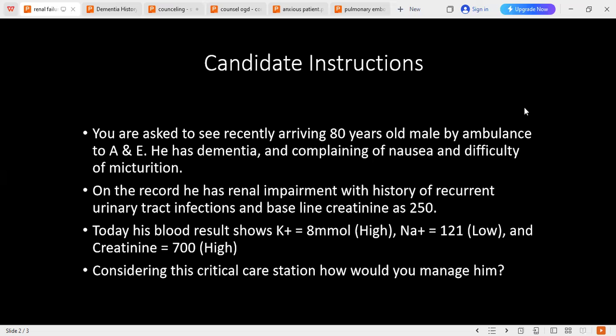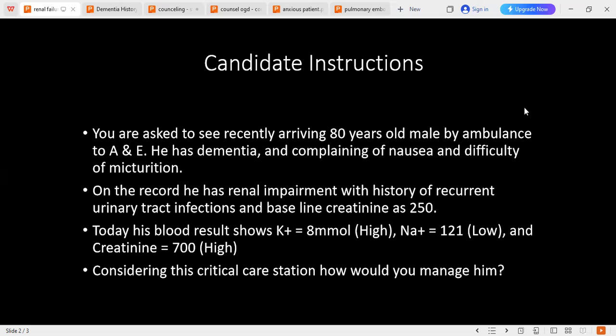For dialysis: potassium level more than 6.5 and pH level less than 7.2, urea level more than 30, then chronic renal failure with creatinine clearance less than 10 ml per minute, fluid overload, intoxication, uremia.